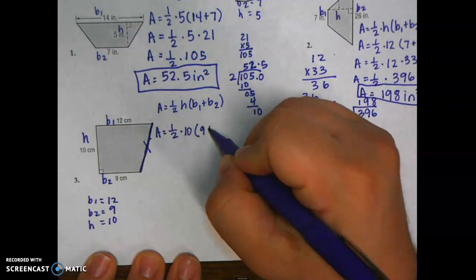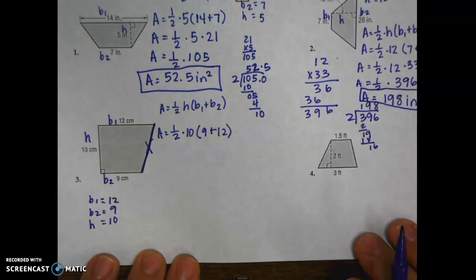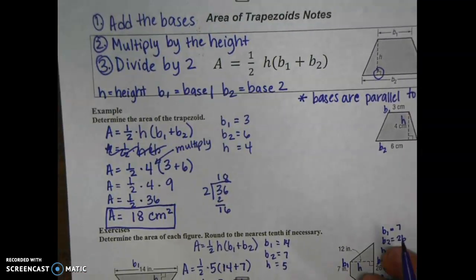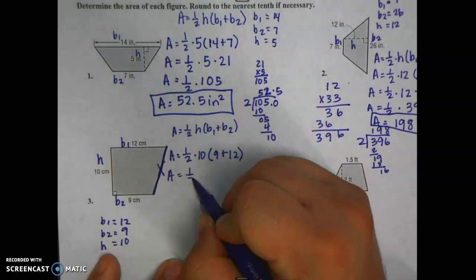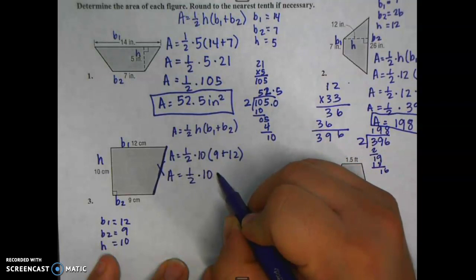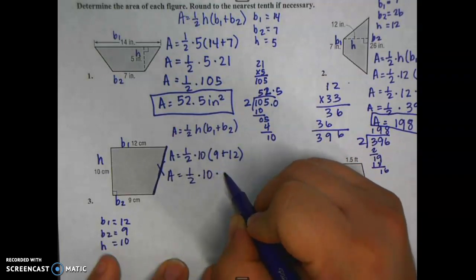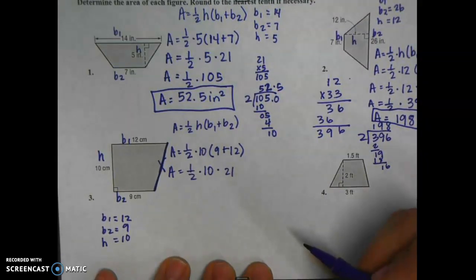Okay, so first step is to add the bases. So area is 1/2 times 10, and then 9 plus 12 is 21. So add the bases. Step 2 is to multiply by the height.